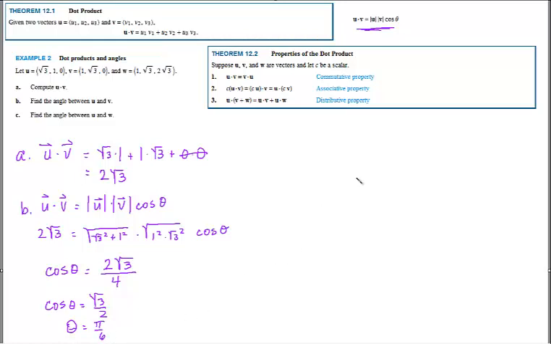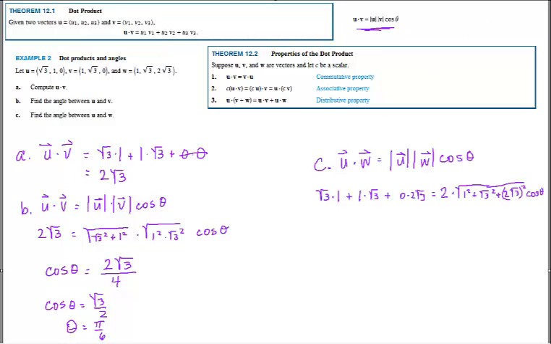Alright, C is going to be done similarly. So I just wrote down the definition. I went ahead and said the two components in the i direction for u and w multiplied together, added with the two components in the j direction. And that's going to end up with, once again, 2 square root of 3.